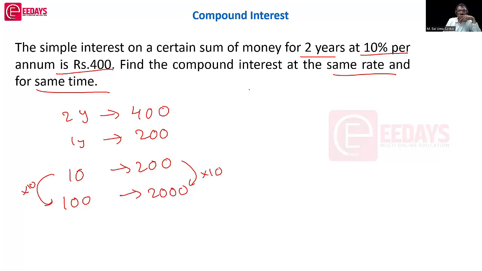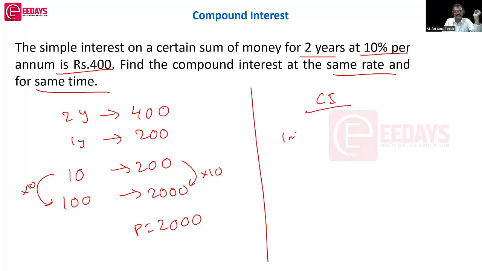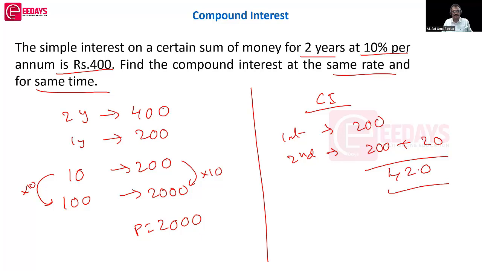Right? Now, what is the principal here? That is equal to 2000 rupees. Now come to the compound interest. First year 10%, 200. Second year 10%, 200 plus 10% of 200, so that is equal to 20. So that is equal to 420.